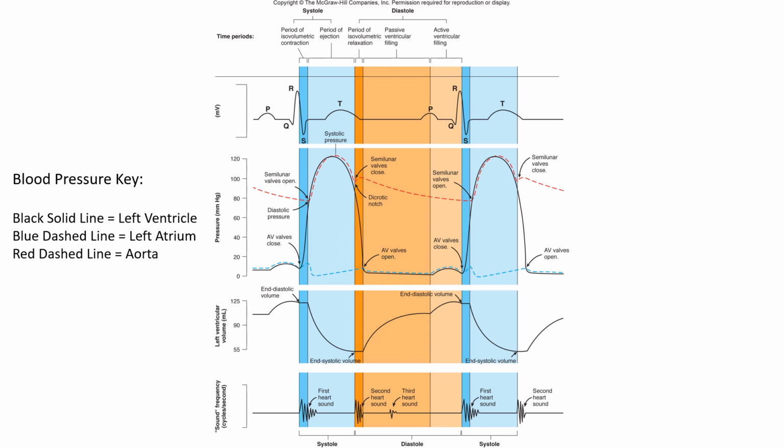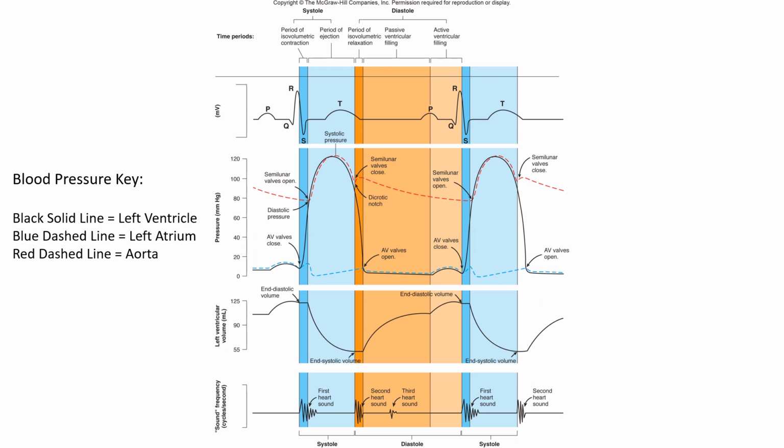So during the period of ejection, again, the AV valves are closed, semilunar valves open. Blood is flowing into the aorta, and if you look down below on the third trace, the volume of the left ventricle decreases during the period of ejection, which should make sense. If the left ventricle is ejecting that blood into the aorta, the volume in the left ventricle is going to decrease. At the end of the period of ejection, you see the pressure within the ventricle and the aorta both fall.